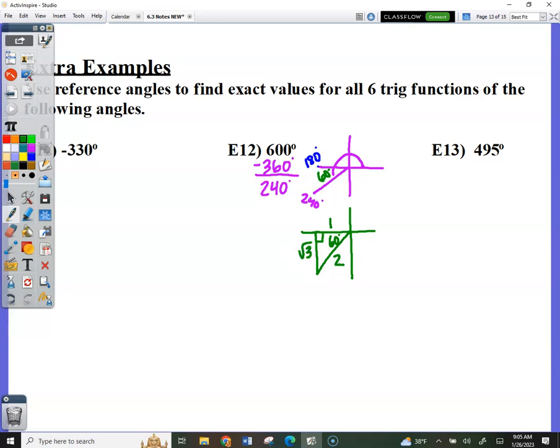Watch your signs. Where am I? I'm in quadrant 3. I need to adjust this. This is negative, and this is negative. Right? Back up. Quadrant 3. Got negative, negative.